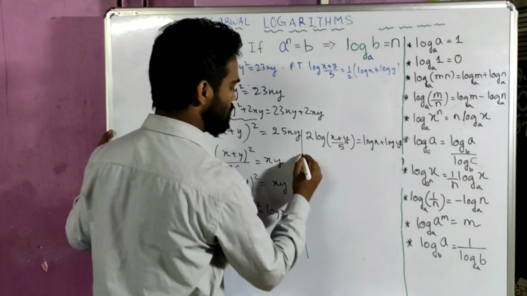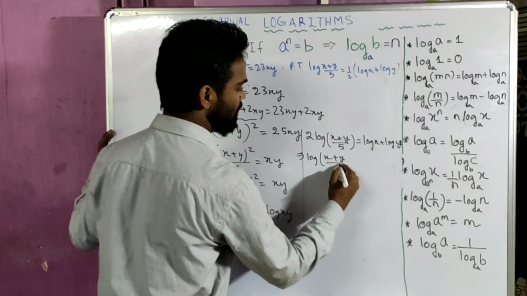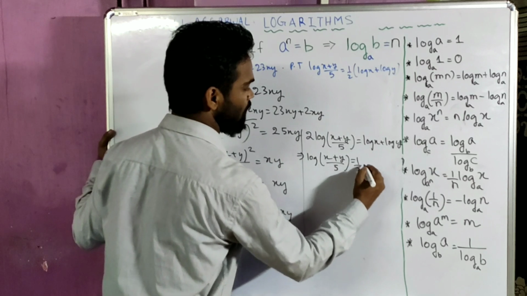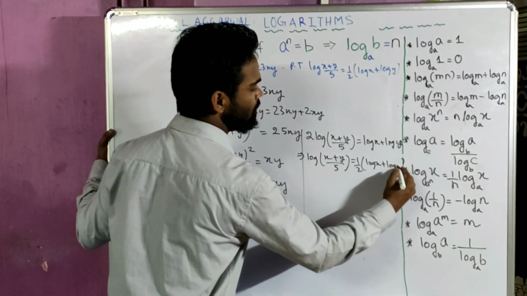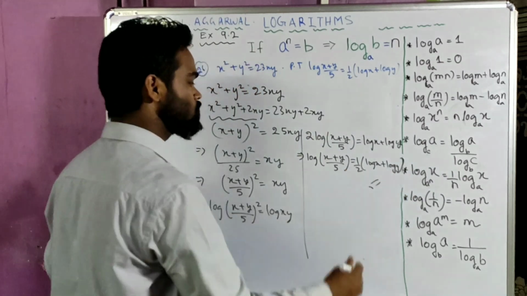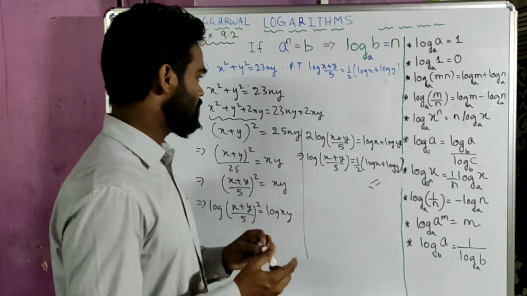Clear? Now this becomes log of (x plus y) by 5 equals half (log x plus log y). Okay, and this is what they have asked to prove. Done? Clear? Now we look at the next sum.